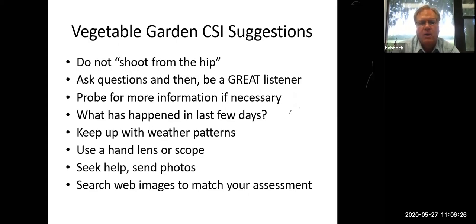Always ask a lot of questions and sort of look back on the most recent weather patterns in the past few days. What's the weather been like? What have you done recently in terms of a fertilizer or a spray application, for instance? Keep a hand lens handy, so that you can always see more with a hand lens or a scope than what you can with the naked eye.